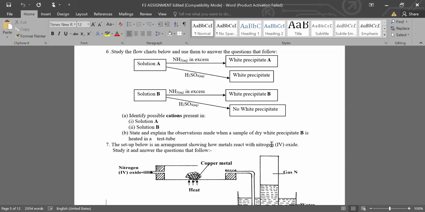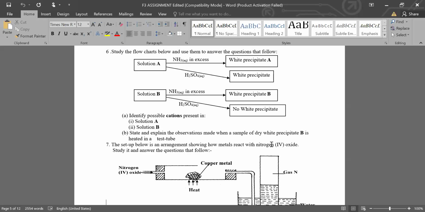Anytime water vapor is formed when a reaction is taking place, colorless liquid will be formed on the cooler part of the test tube, because water is being formed.